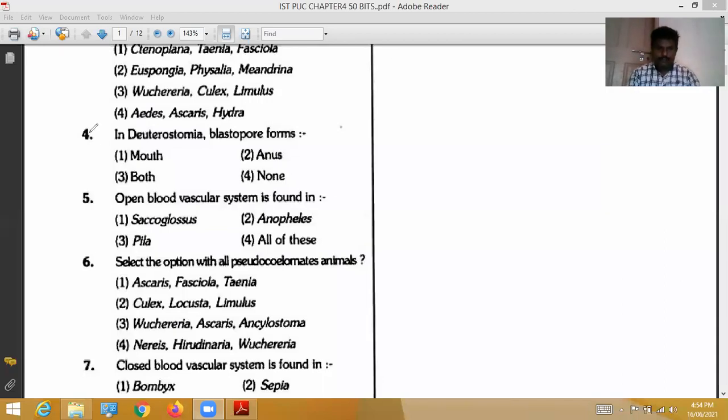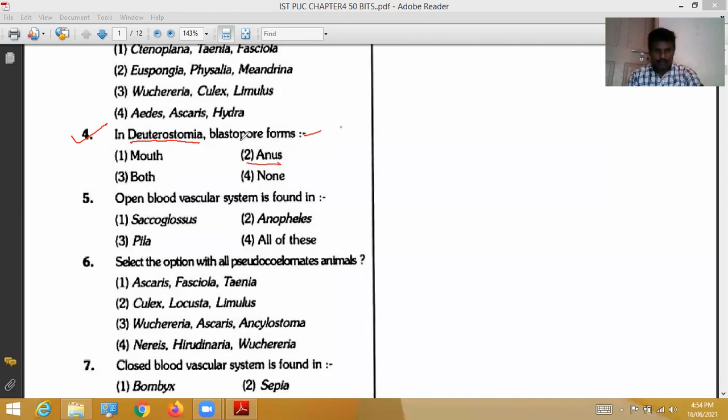Next bit, the fourth question. In deuterostomia, the blastopore forms the anus. Deuterostomia is typically characterized by the anus.